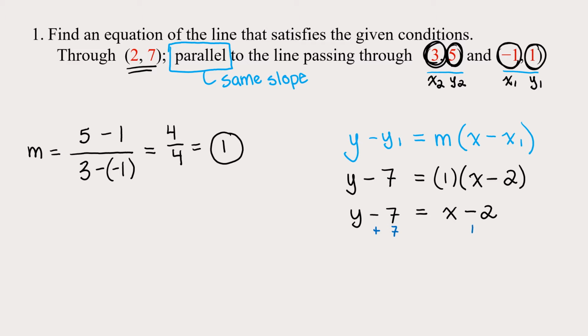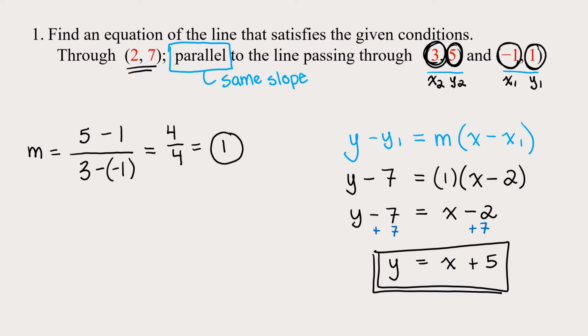So we'd add 7 to both sides, and we'd be left with y is equal to x plus 5. And this is the equation of a line that goes through the point (2, 7) and is parallel to the line passing through the points (3, 5) and (-1, 1).